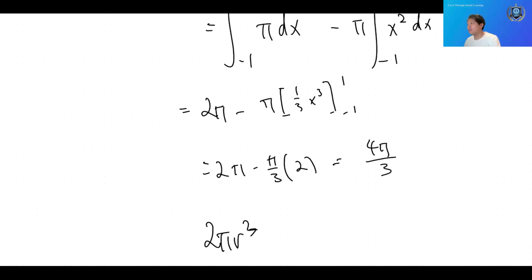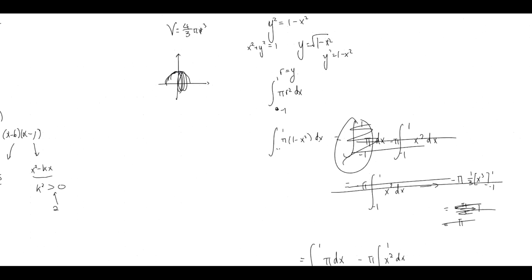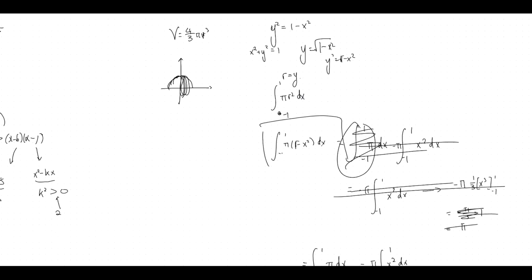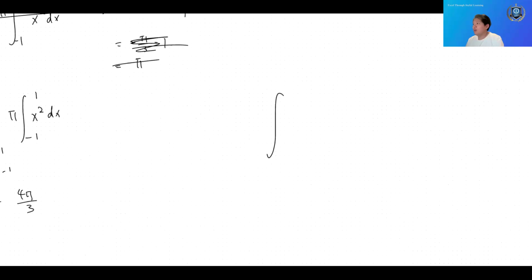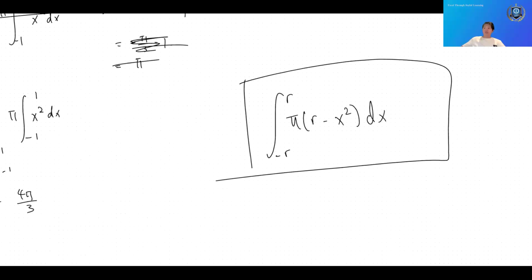In this case, you had to change this from 1 to R. If you see what I'm doing here, it'll be from R to R. So the equation will be from negative R to R, and you have pi times R minus x squared dx. Looks like this. And once you solve it, it would just be 4 on 3 pi R cubed. It was a fun fact.